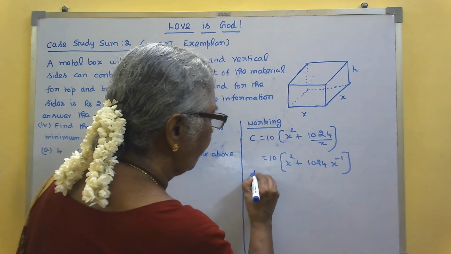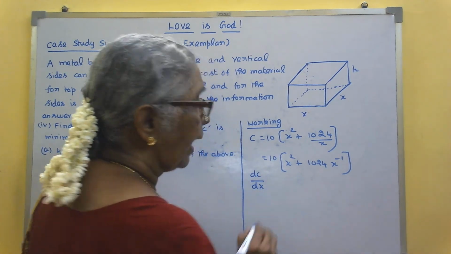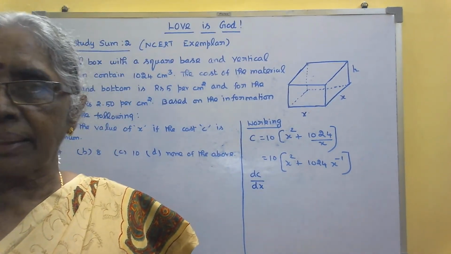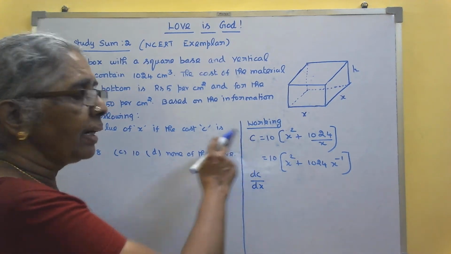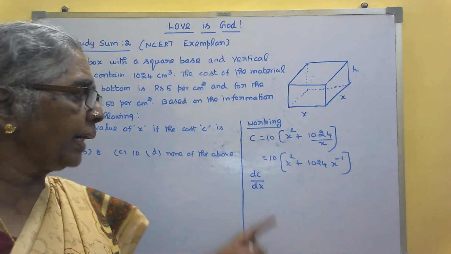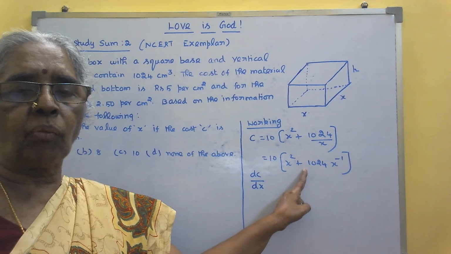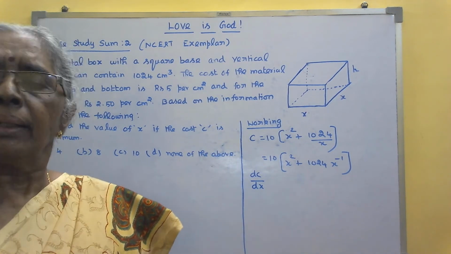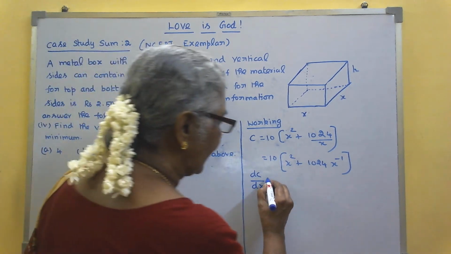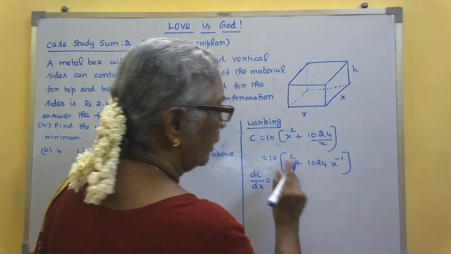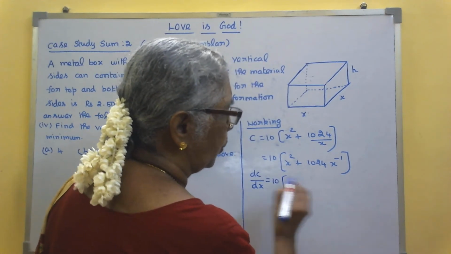So now I have to find dC by dx. I already told you, don't always think it is dy by dx. Whatever letter is on the left hand side, put it in the numerator. Whatever variable is there, that you have to put in the denominator. So dC by dx is, write the 10 as it is. For x squared, you will be getting 2x.